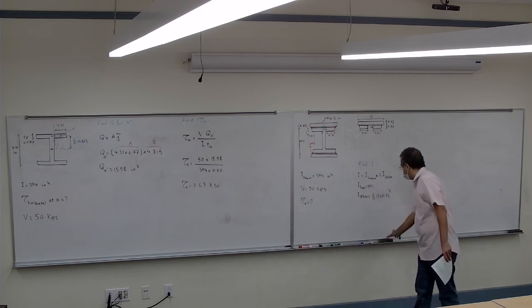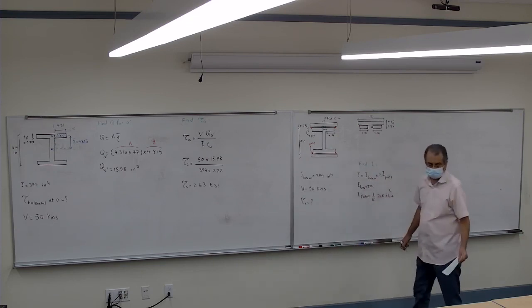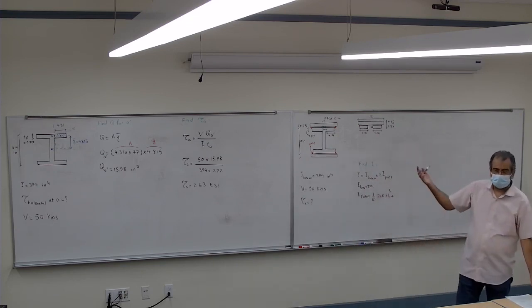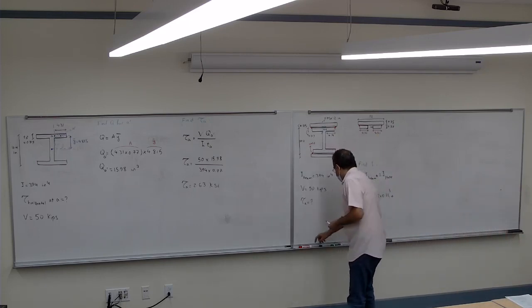Plus the A D squared, correct? Because it's away from the centroid, so I have to calculate it.